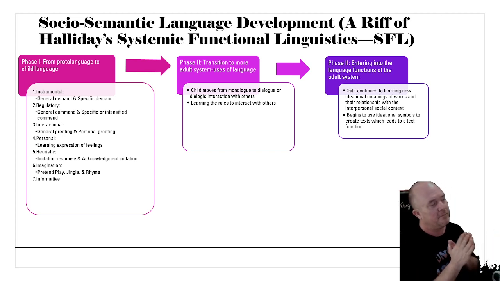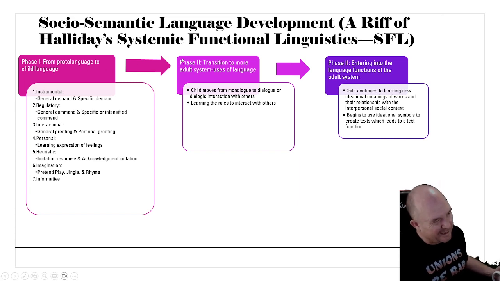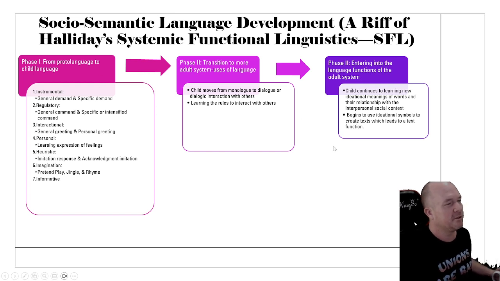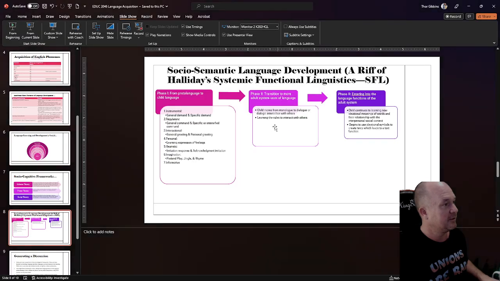Halliday highlighted 3 phases. Again, this is a spectrum. It's not discrete, with clear boundaries, but there's a trajectory from phase 1 to phase 3, which again doesn't have a 3 here, so let's fix that.